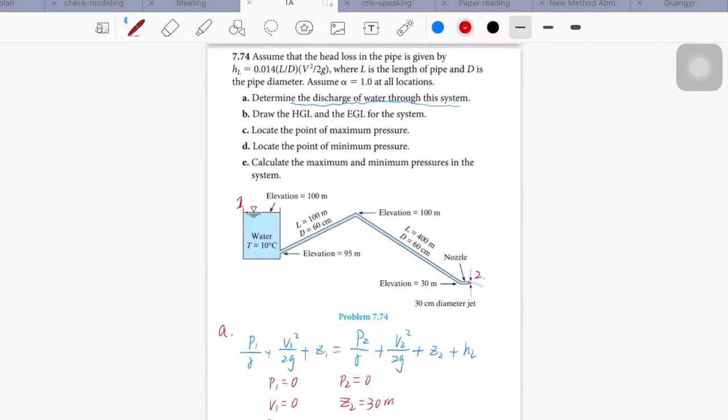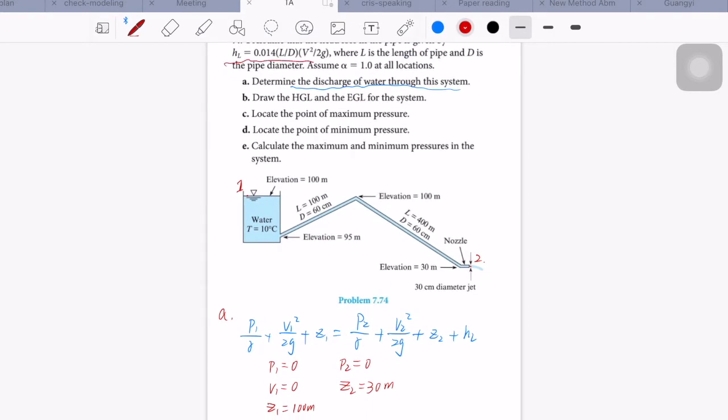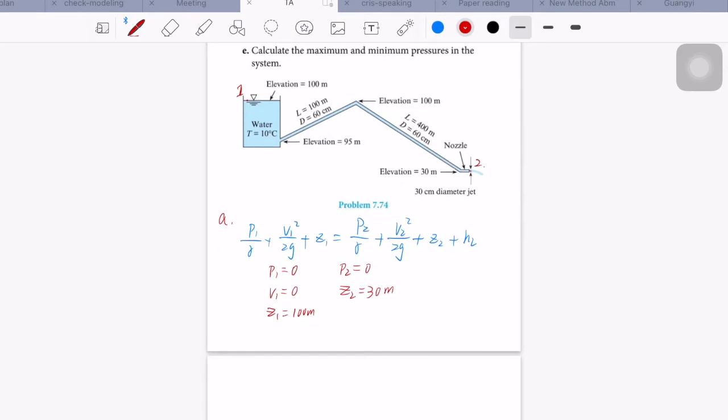We know the head loss HL equals 0.014 times L over D times v squared over 2g, where v is the velocity in the pipe.